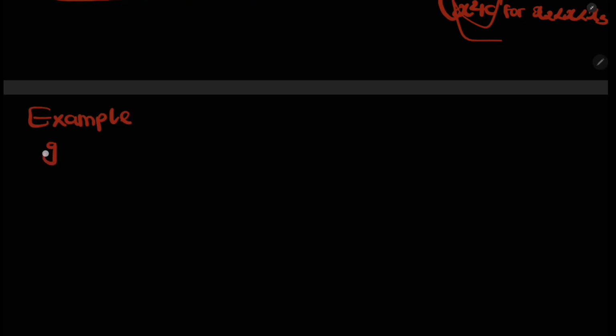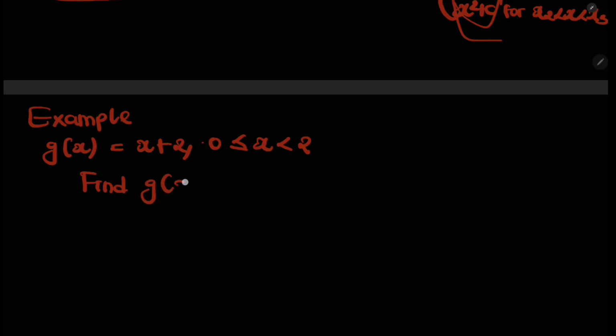Say we have g of x is equal to x plus 2 with this range, and we are asked to find g of minus 6. Okay, a period is always given. Let's say we are told with a period of 4.